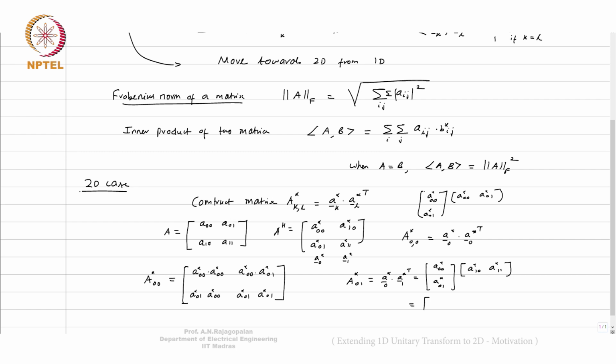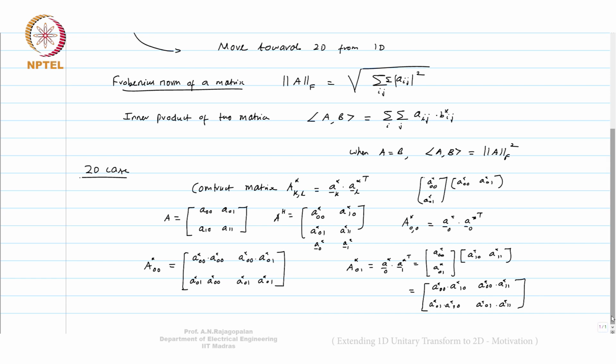This gives you a matrix that looks like A star 00 into A star 10, A star 00 into A star 11, A star 01 into A star 10, A star 01 into A star 11. Similarly, you can have A star 10 and A star 11. So you can have four such cases for this A star KL if it is 2 cross 2. If it is 3 cross 3, you can have 9 cases and so on.